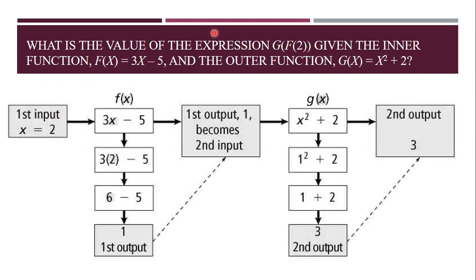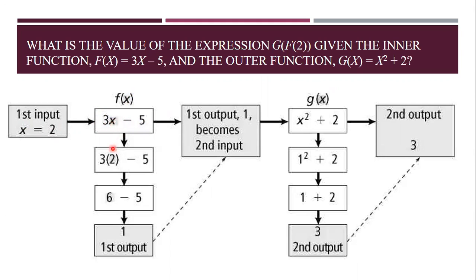So if you see right here, it says g composed of f at 2, f of 2, given the inner function f of x equals 3x minus 5, and the outer function g of x equals x squared plus 2. You start with the innermost, and the innermost thing is f of 2. So f of 2 tells me that I'm going to set x equal to 2 in f of x. So f of x is 3x minus 5.